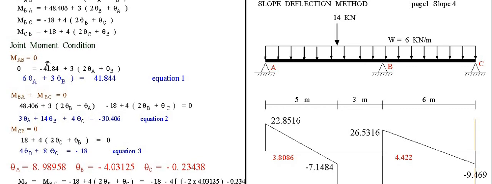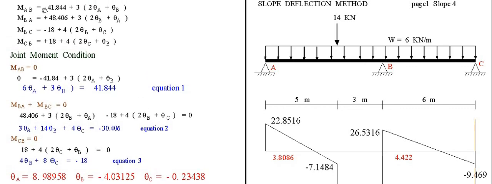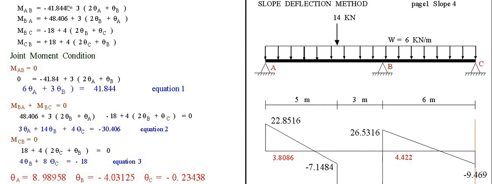Moment AB is this one. We copy this and equate that to 0. So minus 41.844 plus 3 times 2 theta A plus theta B equals 0. This is equation 1.